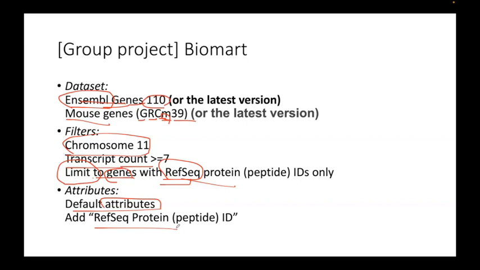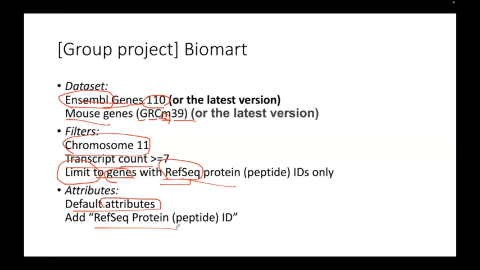If you use BioMart, which is an interface of the Ensembl database, you can use a query style, and then you can execute this kind of complicated condition and retrieve the right information.